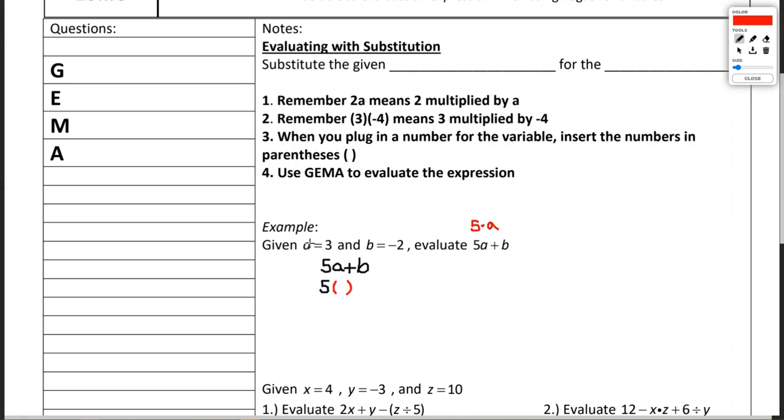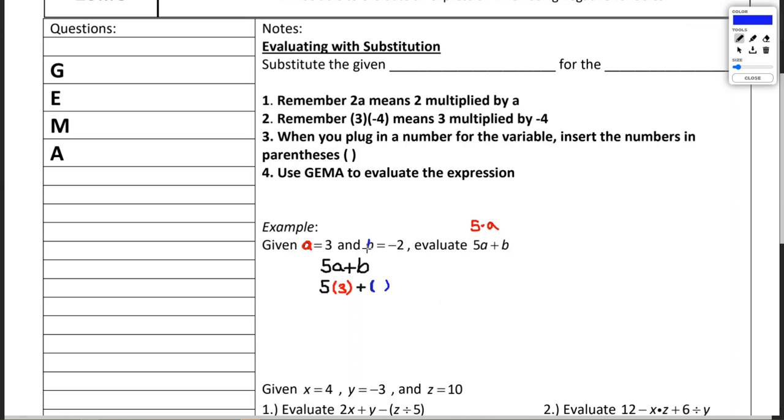In this case, they've told us we'd like to figure out what this is equal to if a is equal to 3. So inside our parentheses, we substitute in a 3. Then we continue to bring down the rest of the expression. We've got a plus, and then we have another variable, b. So we leave a placeholder for b with our parentheses.